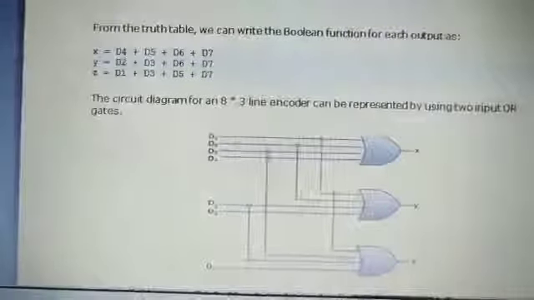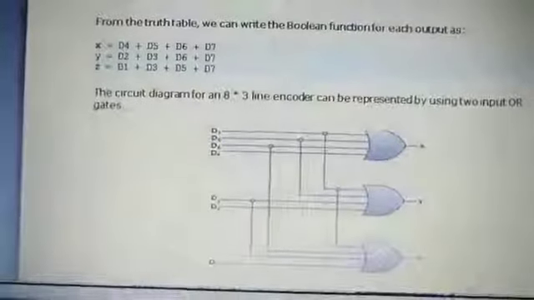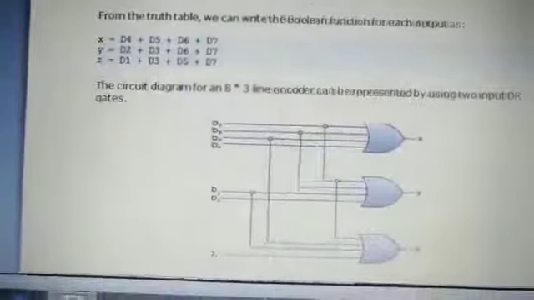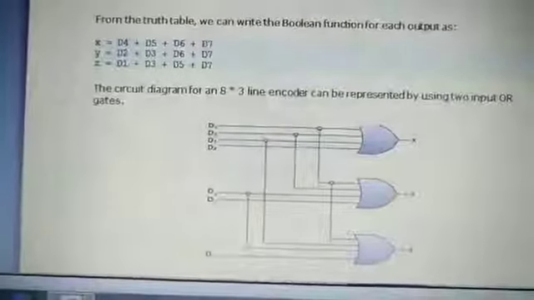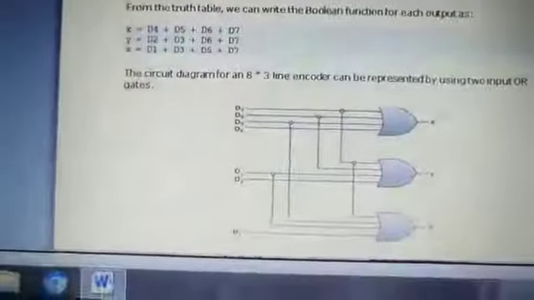Y output will be selected when we combine D2, D3, D6 and D7. Z will be selected when D1, D3, D5 and D7 are selected.